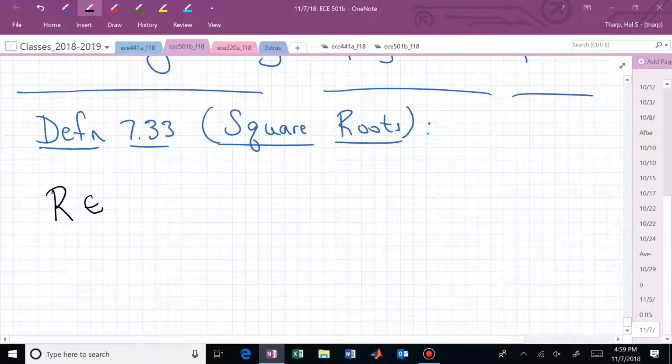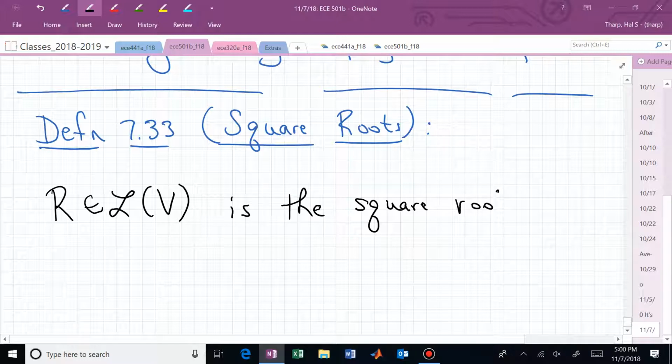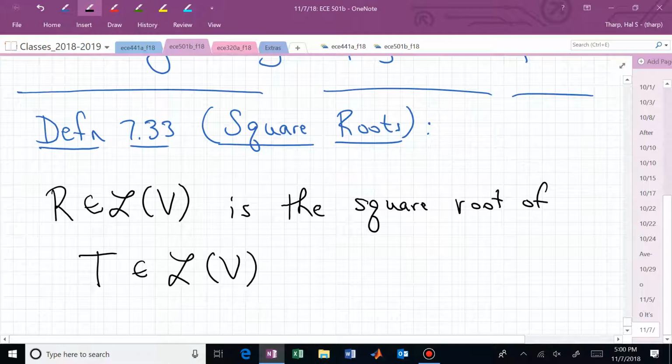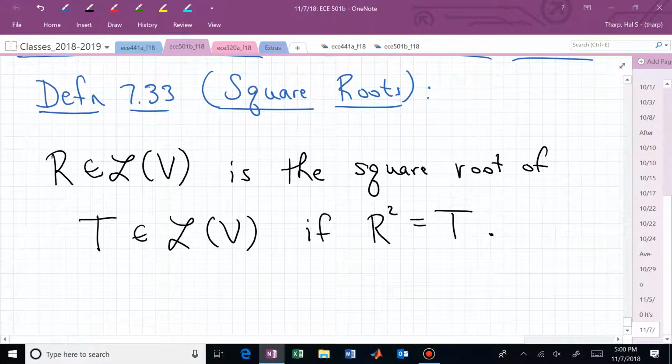Suppose R is a linear operator on our vector space V. Then we can say that R is a square root of T, which is also a linear operator on the same vector space V, if we apply R 2 times in succession, or R squared, and that's the same as T. So R is the square root of T if we apply R twice and we get T.